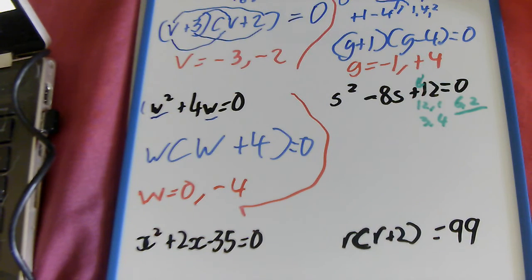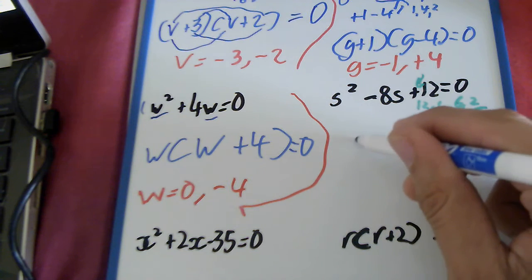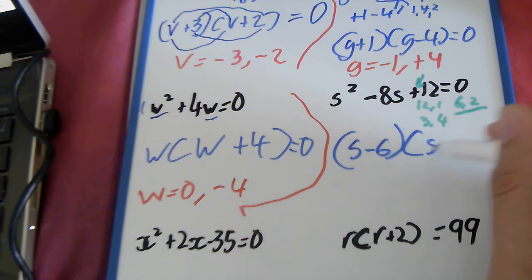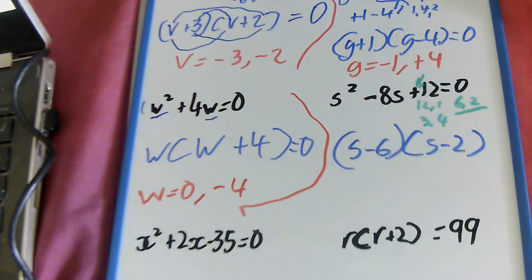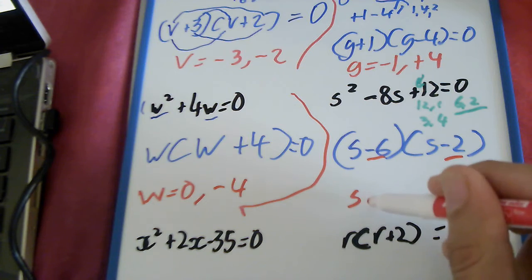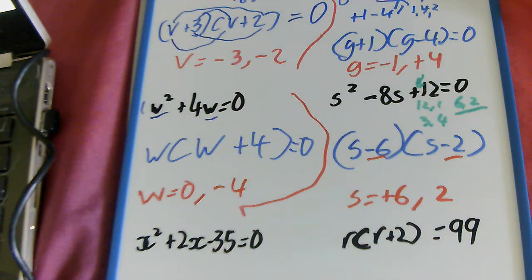So, very quickly, again, we know that it's minus 6 and minus 2, so s minus 6, s minus 2, and then obviously the inverse of these numbers will be our answers. I don't really need that plus sign, but I'll leave it there.